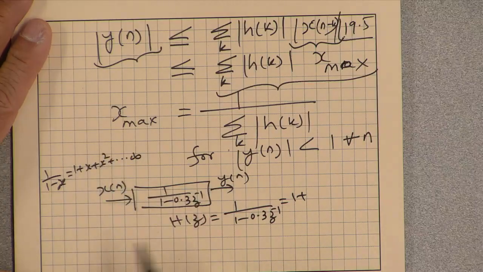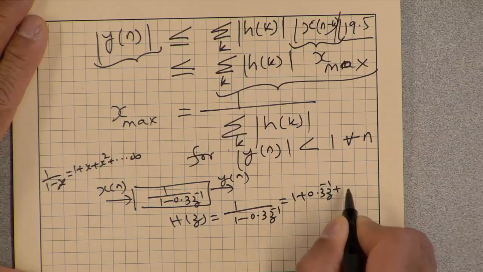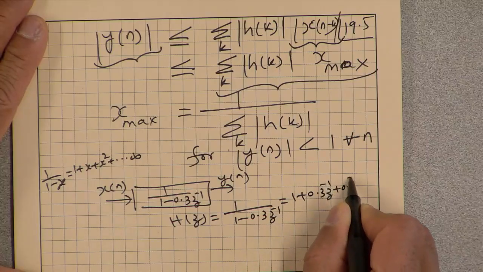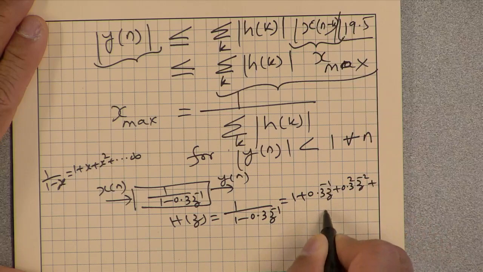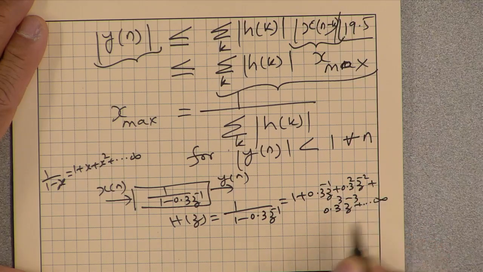That's the geometric series. So 1 plus 0.3 z to the power minus 1 plus 0.3 squared z to the power minus 2 plus 0.3 cubed z to the power minus 3 up to infinity.